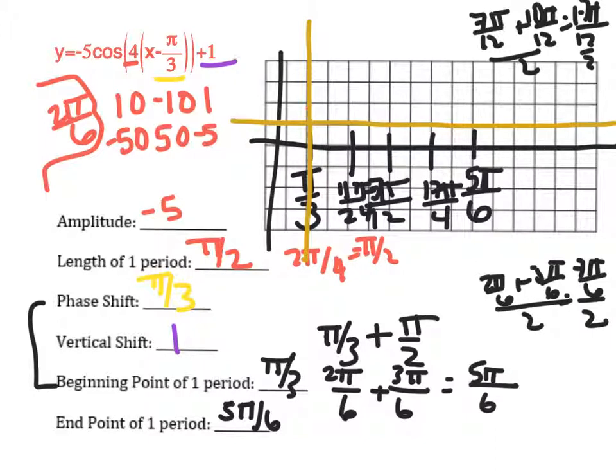So I'm going to go down 5 from here, 1, 2, 3, 4, 5. And then go to 0 and then up 5, 1, 2, 3, 4, 5. Back to 0, down to -5. So here's my graph. Upside down, stretched, shrunk, moved, all that good stuff.